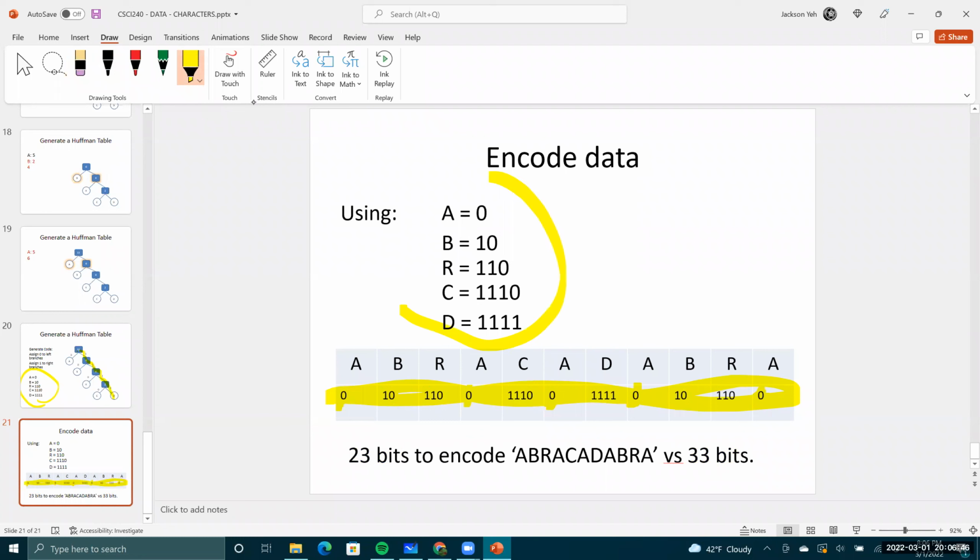It's using this table that was created that needs to decode it. So as part of every zip file or any kind of file you compress, it has to have some kind of key to decode itself, right? Because if you just look at the file by itself, you can't really decode it because it's no longer encoded using a standard. So with that being said, let's go through our last exercise of the night.